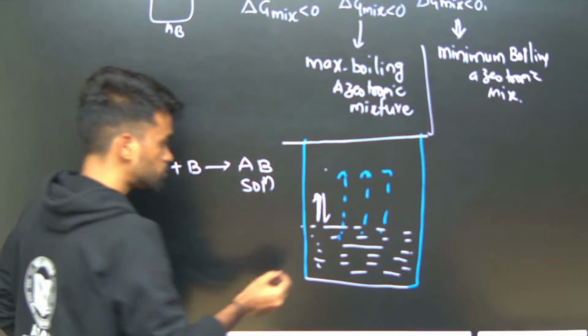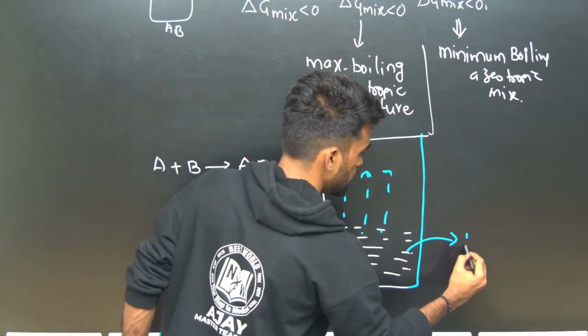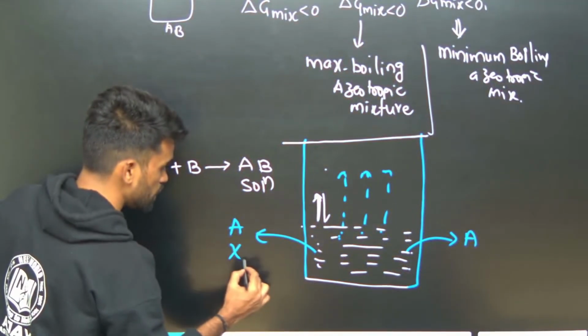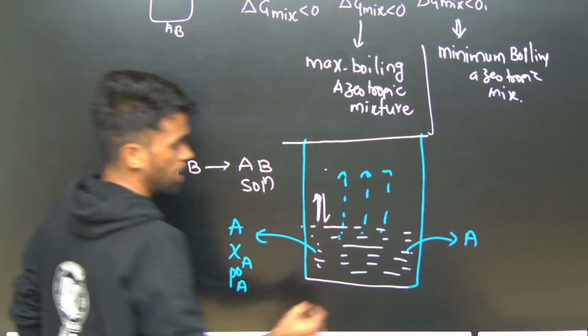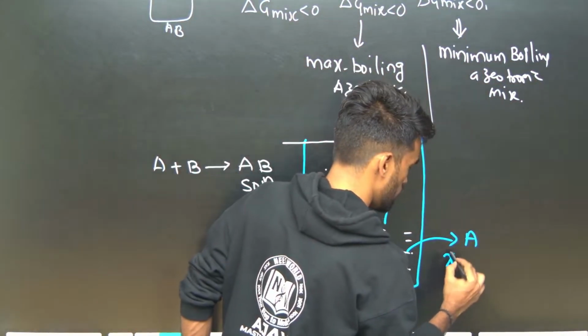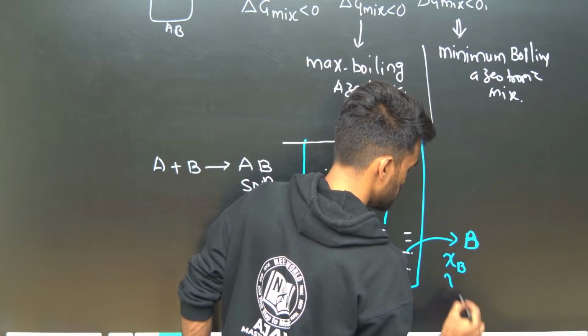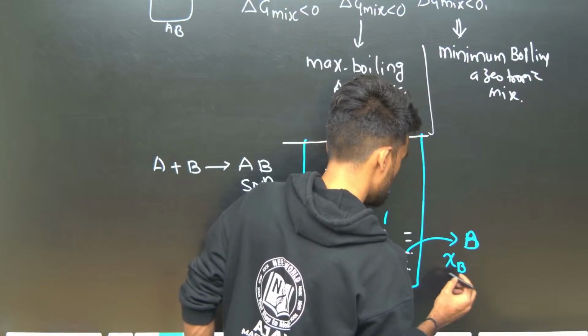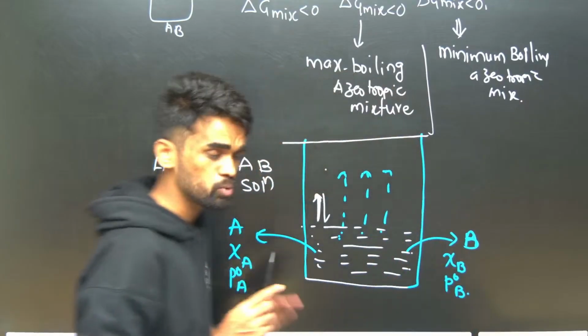Now we know it contains component A and component B. In the liquid, the composition of A in the liquid phase I am writing as chi A, and its vapor pressure as P naught A. And here the composition in the liquid phase for B I am writing chi B, or XB, and its vapor pressure is P naught B. Hope it is clear up to here.